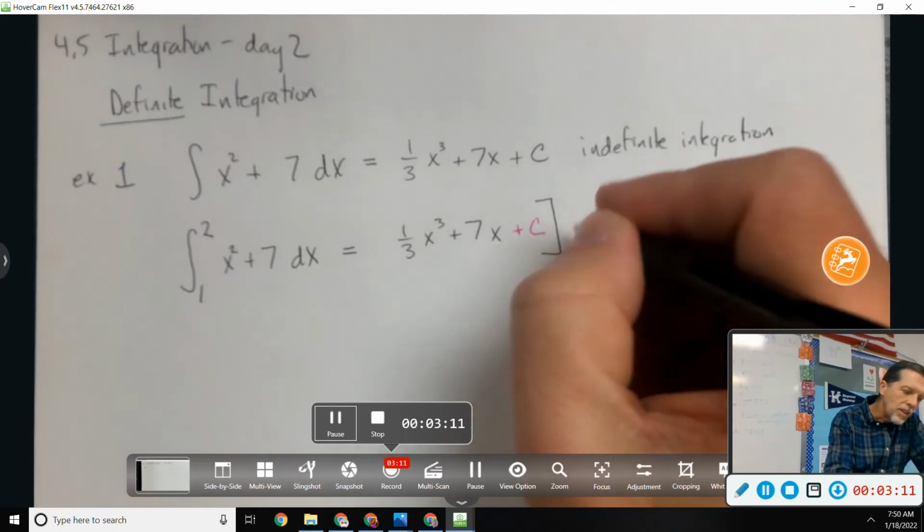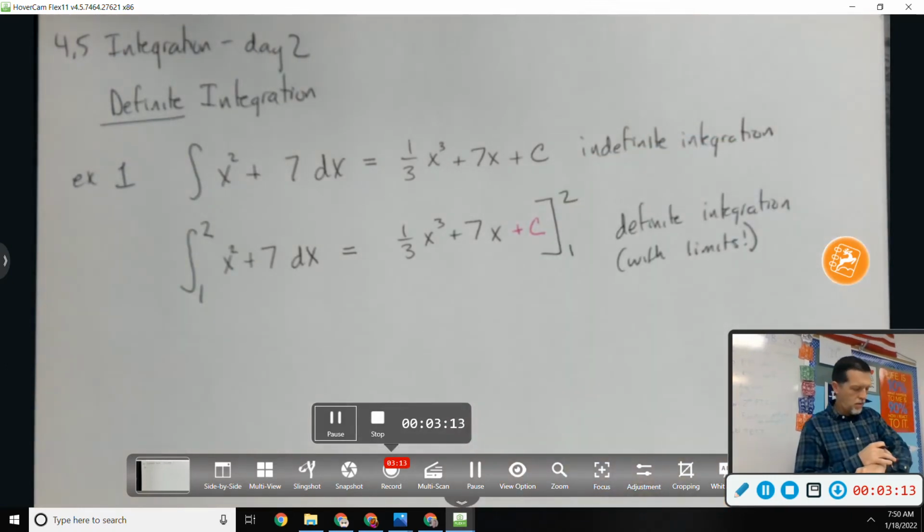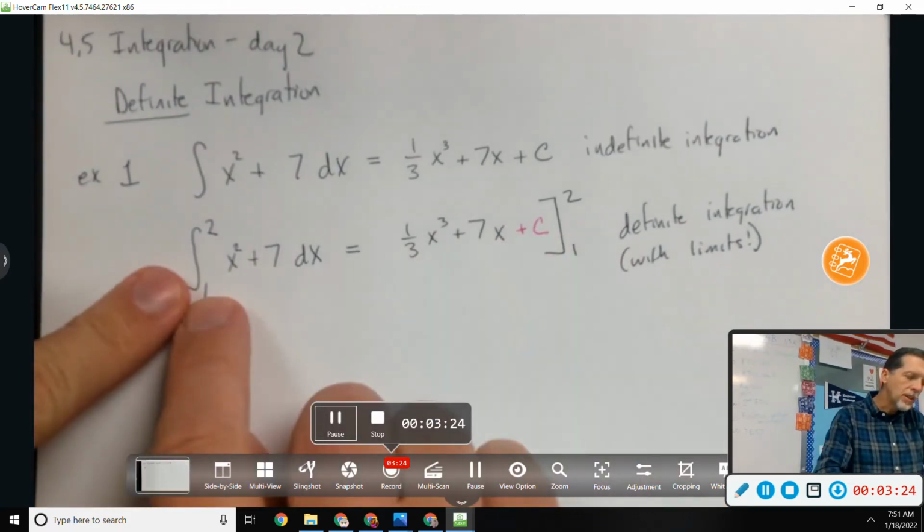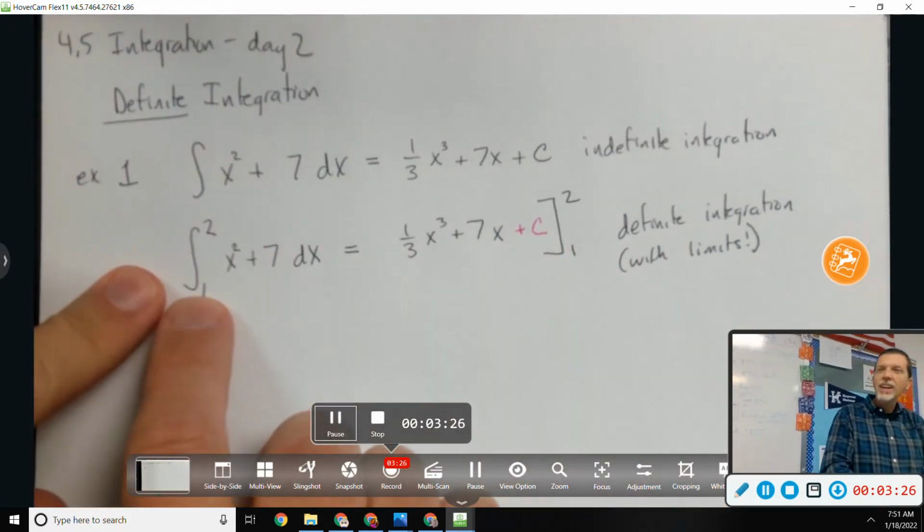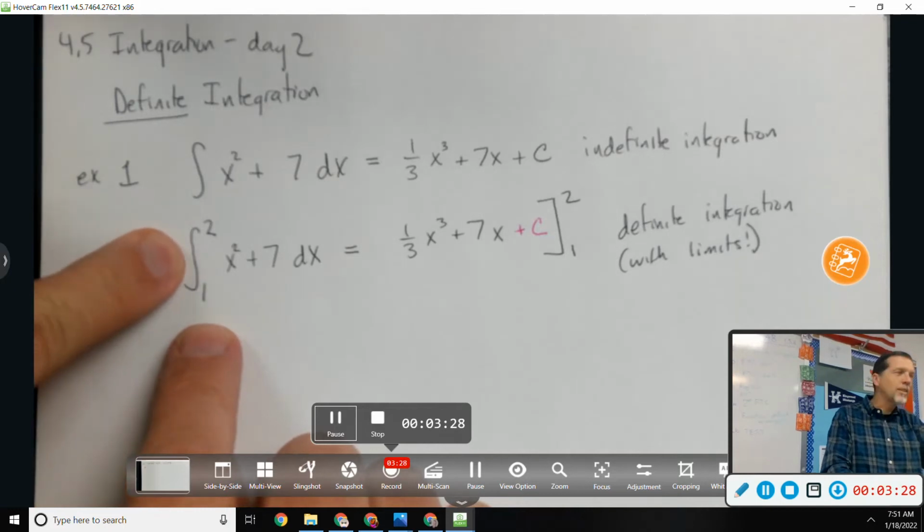And then this 1 and the 2 get sort of bumped to the end, because now we're going to use them. I say we put them at the end because we've used the antiderivative. We've taken the antiderivative, so I don't need that symbol anymore.